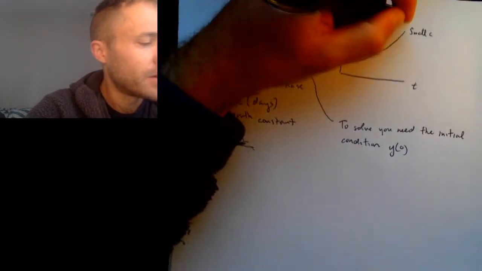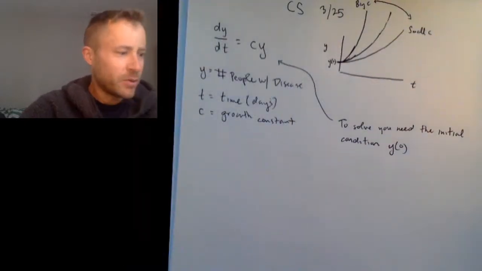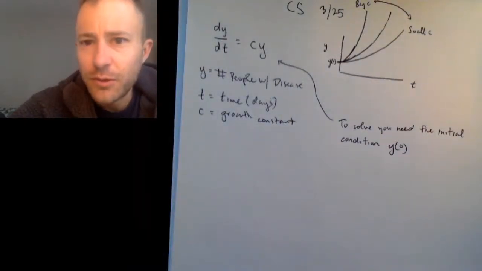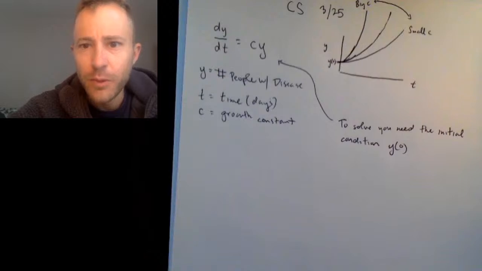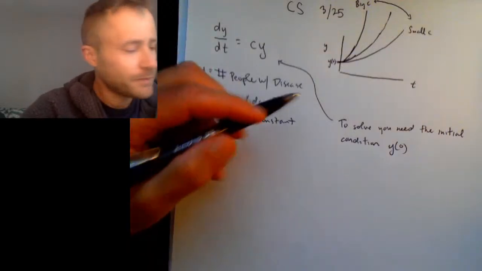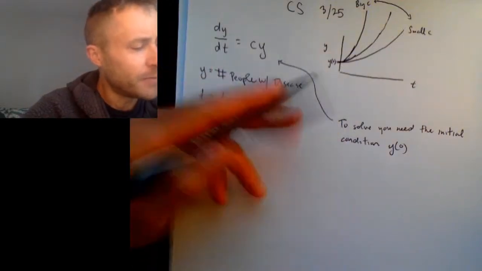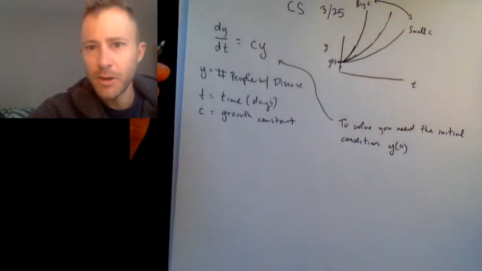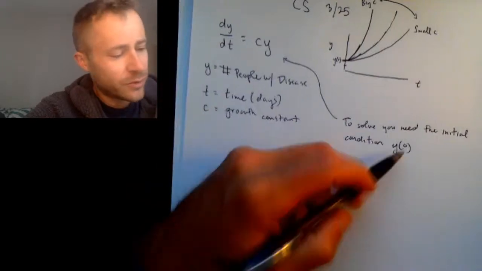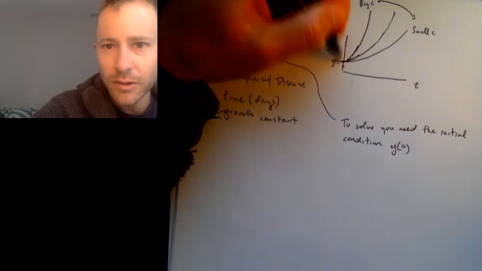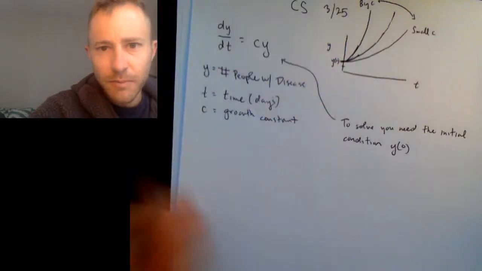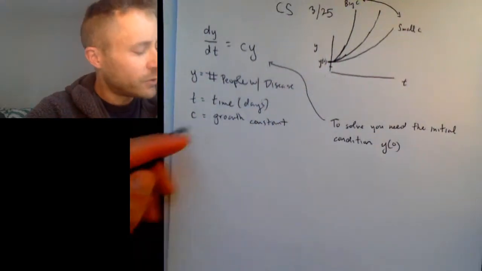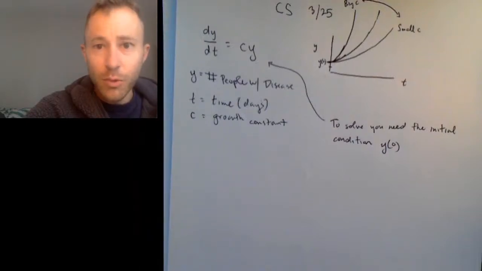It's exponential growth. If you started out with fewer people with the disease, the graph starts out lower. So y0 determines where it starts along the vertical axis, and the growth constant determines how quickly it grows.